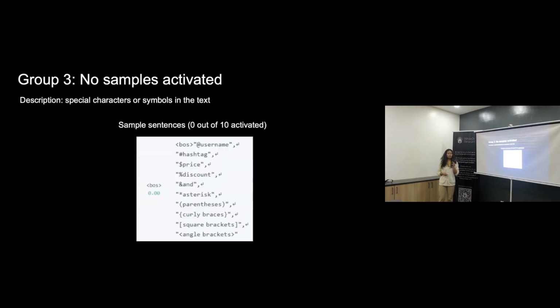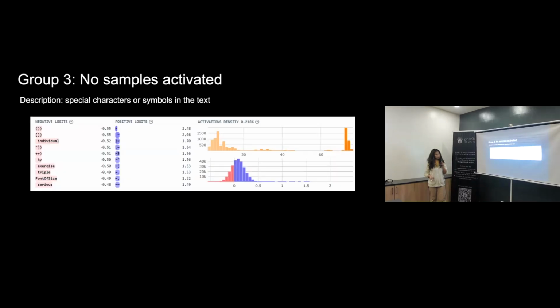And lastly, the most interesting group, in my opinion, is the group that did not activate for anything. The description for this one is it's supposed to activate strongly for special characters or symbols. And here were the sample sentences that were generated. But when we look at the website, we can see that the positive logits are mostly this particular symbol.